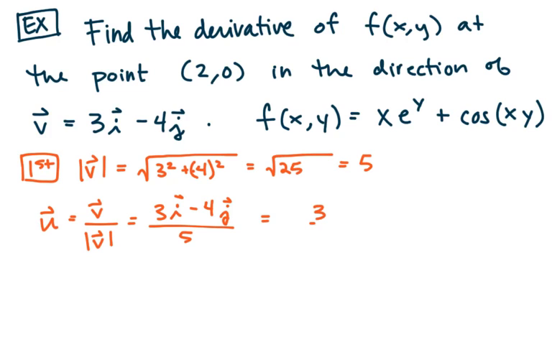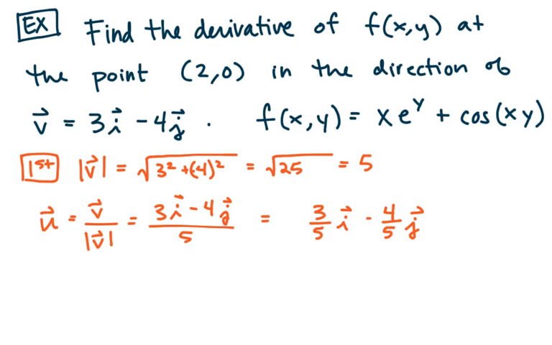So my unit vector is 3/5 i minus 4/5 j. All right, so I know what u is. I need to find the gradient so I can dot product it with this u to find the directional derivative.